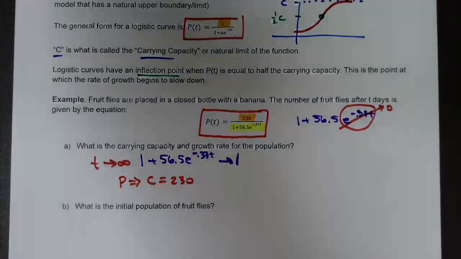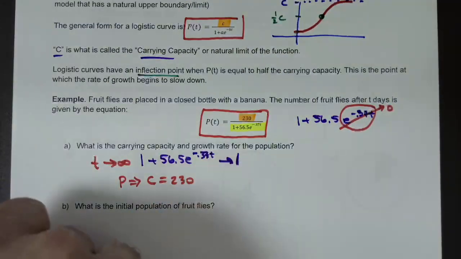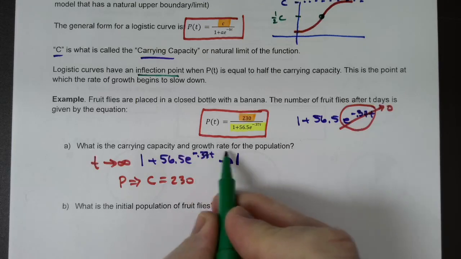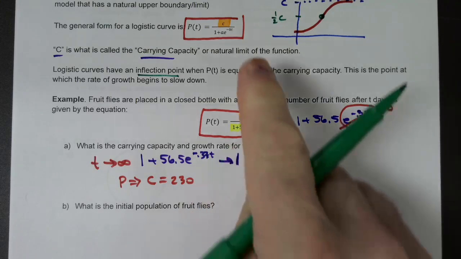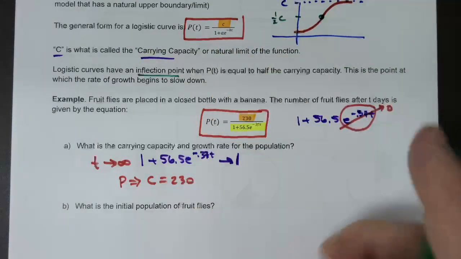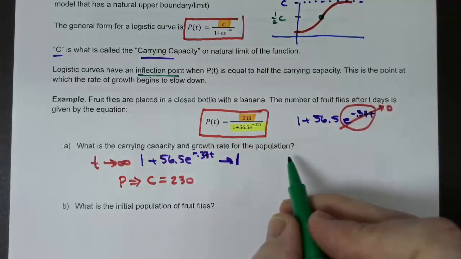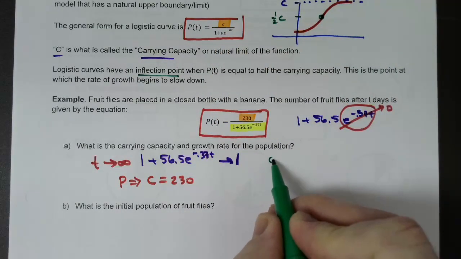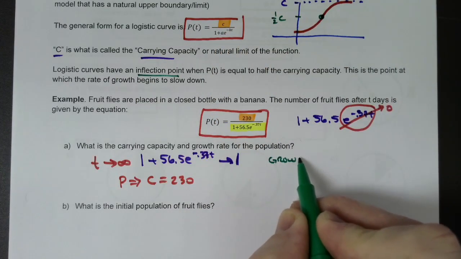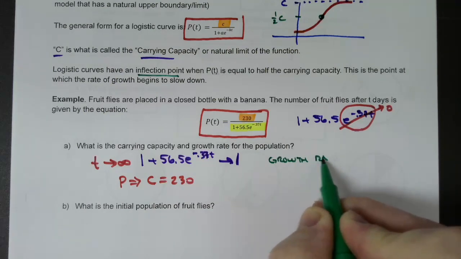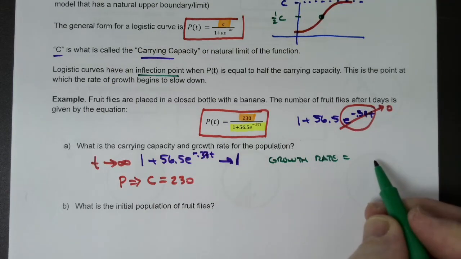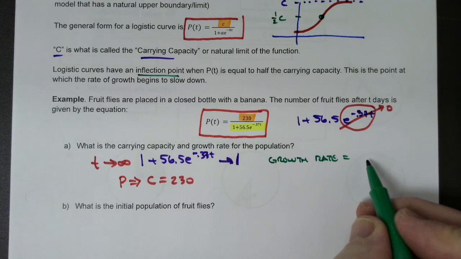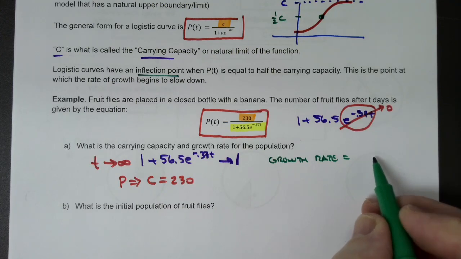Okay. Next, it does ask for what is the growth rate? At what rate is this growing? And in the equation up here, that value of B, our growth rate, is equal to whatever that B value is. Okay?